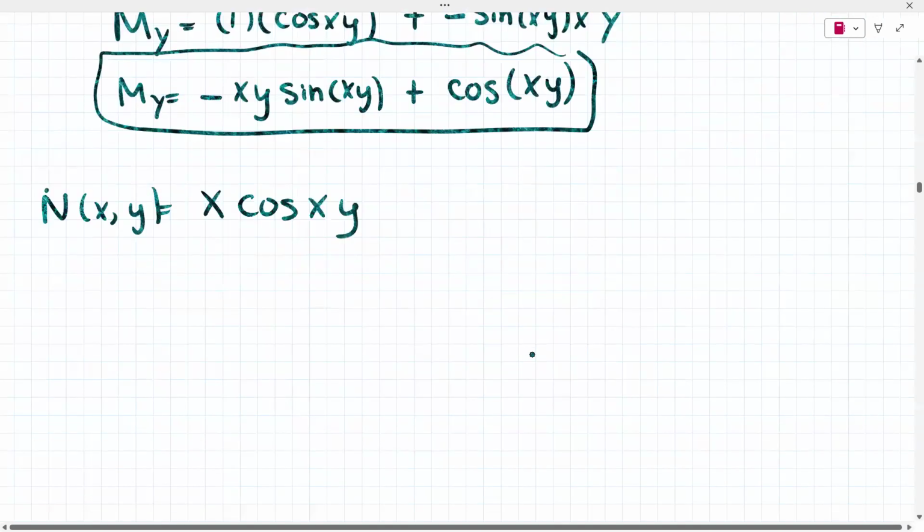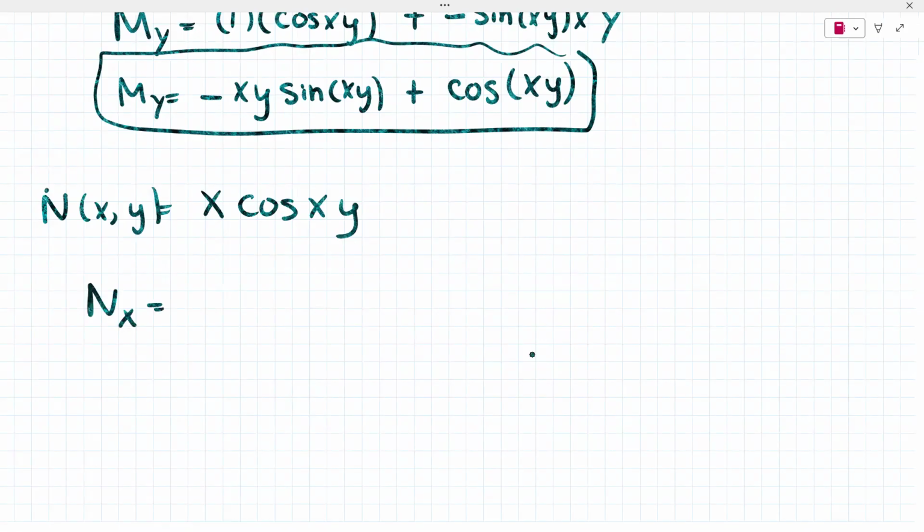So what we have to do is take it in respect to x. Unfortunately, we have two terms multiplying each other, so we're going to use the product rule. My f is x, my g is this whole thing. The derivative of f, x in respect to x, is 1.